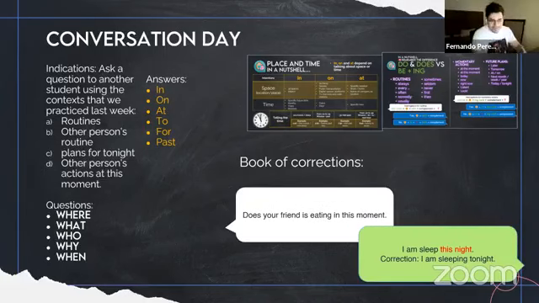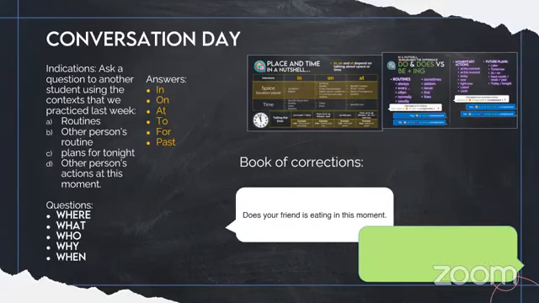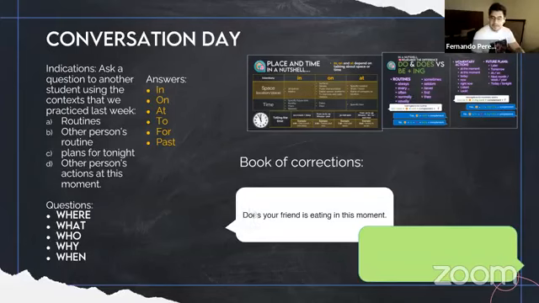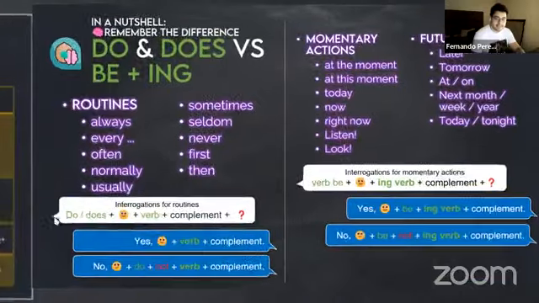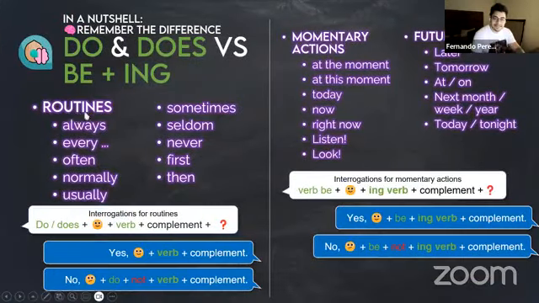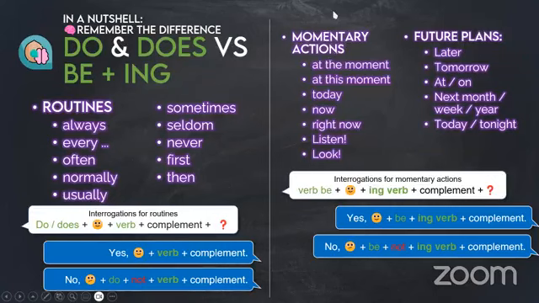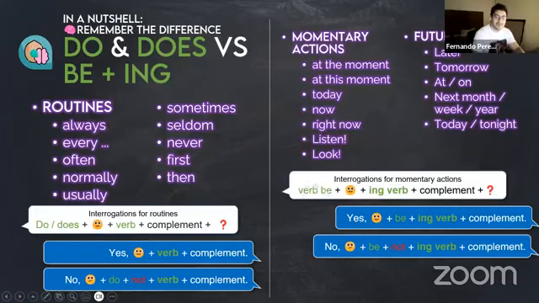Okay, that's very, very interesting. Let's take a note. Does your friend is sitting at this moment? Of course, does is for another person, right? The problem is that does is for routines, not for momentary actions. You see? For momentary actions, we use the verb be, not does.